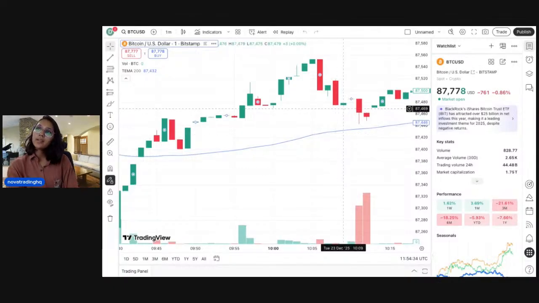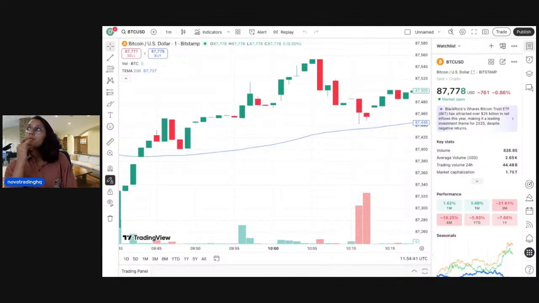Look at the next green candle at time 10:09. So the market tries to pause and breathe here, right? After such a strong movement, I would say the market takes a pause now.